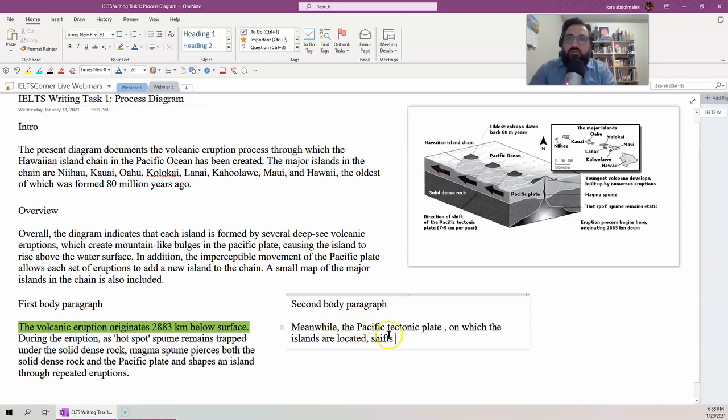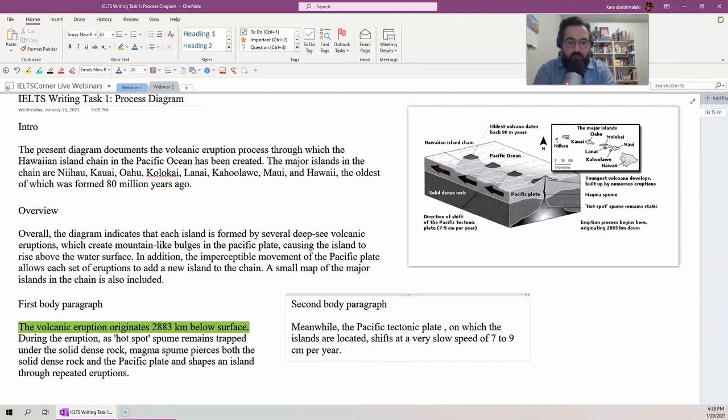So this is considered a paraphrase because this is a noun and this is a verb and it has an S. So that's a paraphrase. At a, let's say, very slow, because we already said imperceptible, a very slow speed of 7 to 9 centimeters per year.